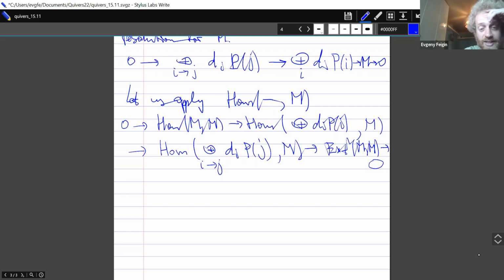So now, since we have this exact sequence, if we take the dimensions of those spaces with alternating signs, then we get 0. I mean that the dimension of Hom from M to M minus the dimension of the second space plus the dimension of the third space minus the dimension of the fourth space should be 0. So let's write this.